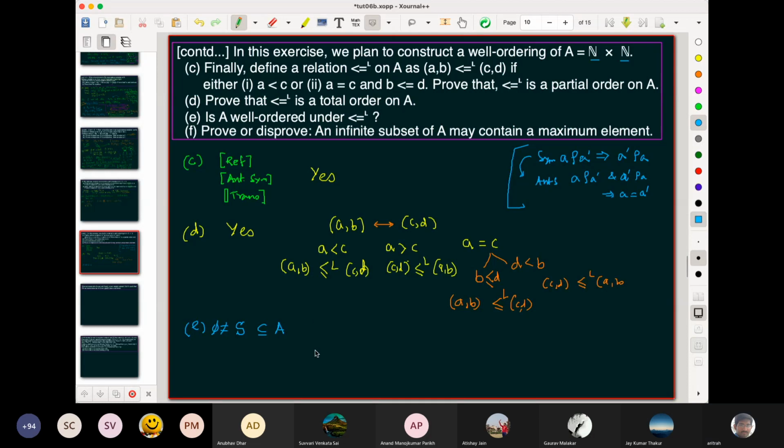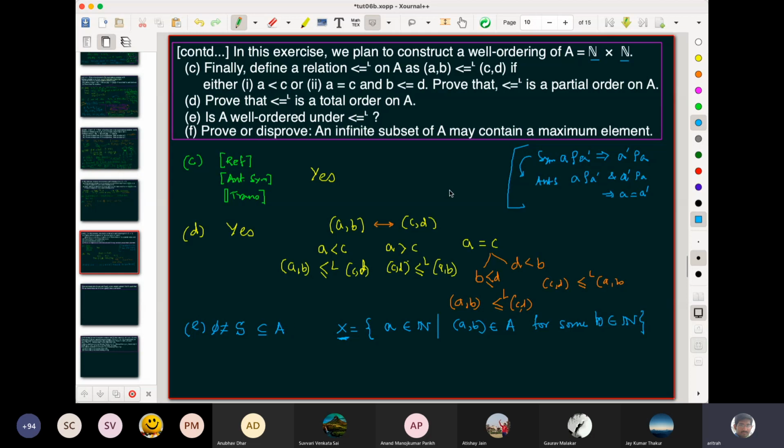Okay. Now I have to prove that it has a minimum element. How can I prove it? Suppose we construct a set like this. This set consists of the natural numbers A such that (A, B) belongs to S for some B belonging to N. Okay, so this set has a minimum.